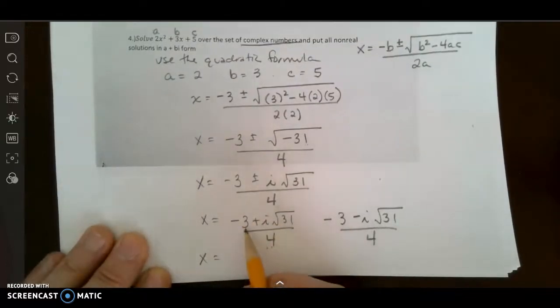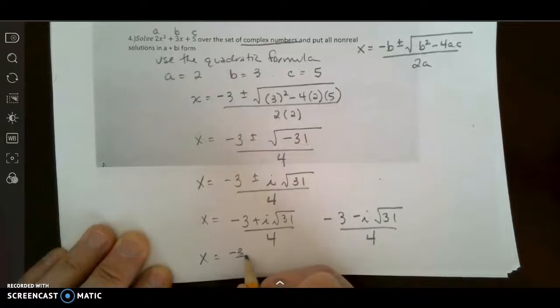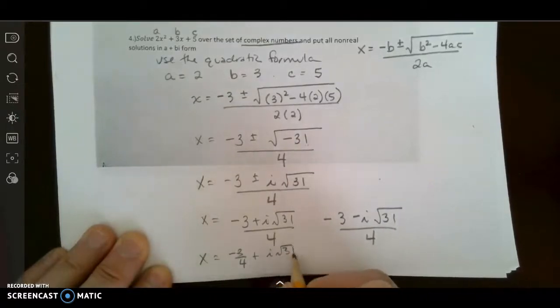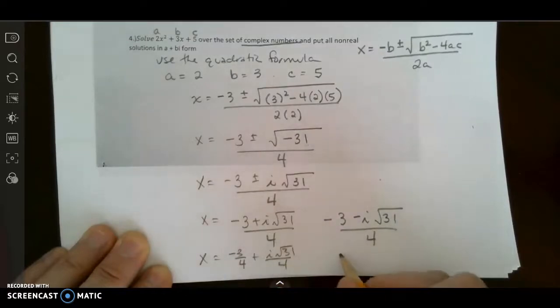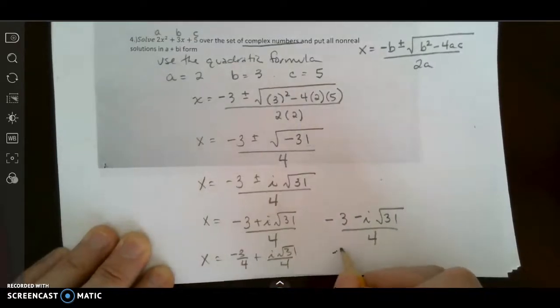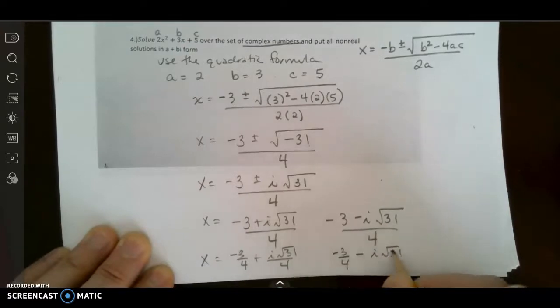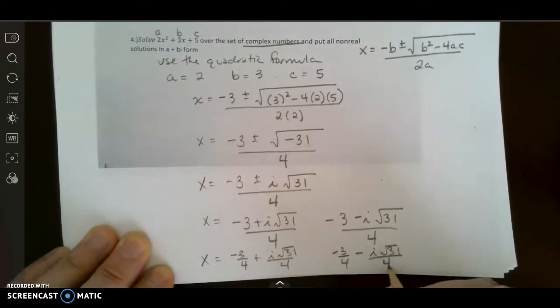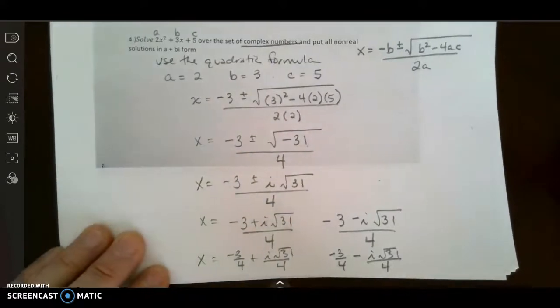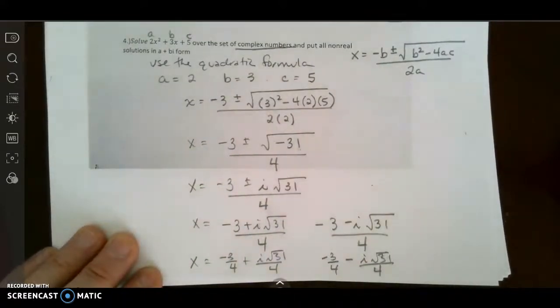These can't be reduced because all three of these numbers would have to be divisible in order to reduce this. But I can write it as negative 3/4 plus i square root of 31 over 4, and this answer would be negative 3/4 minus i square root of 31 all over 4. And that way they're in a plus bi form.